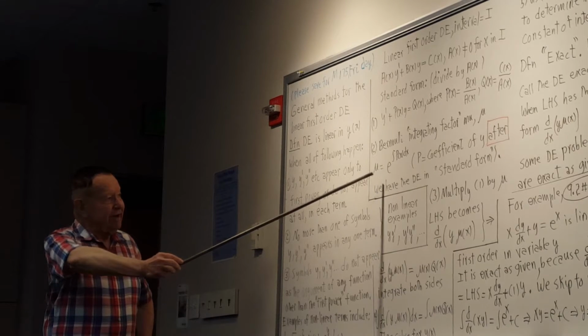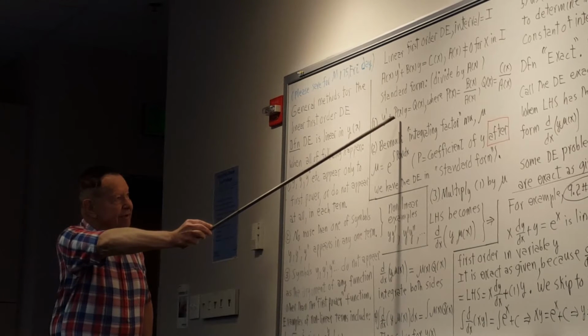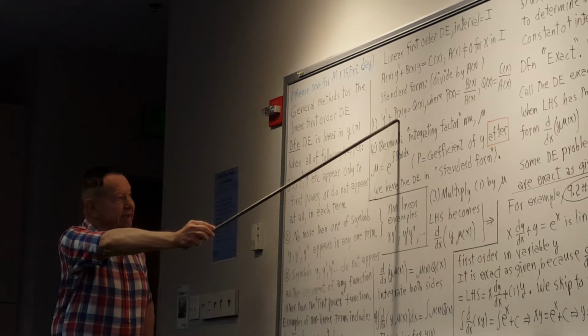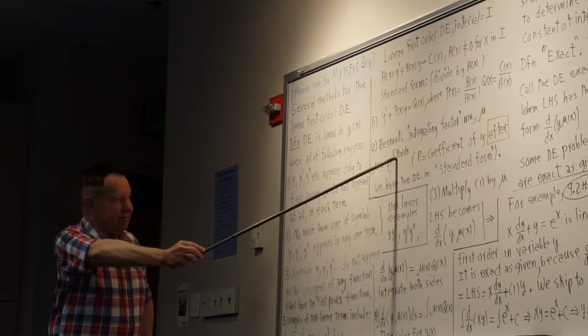So the integrating factor that works is that you take the integral of what we're calling P after you're in standard form, and then take that power of e.